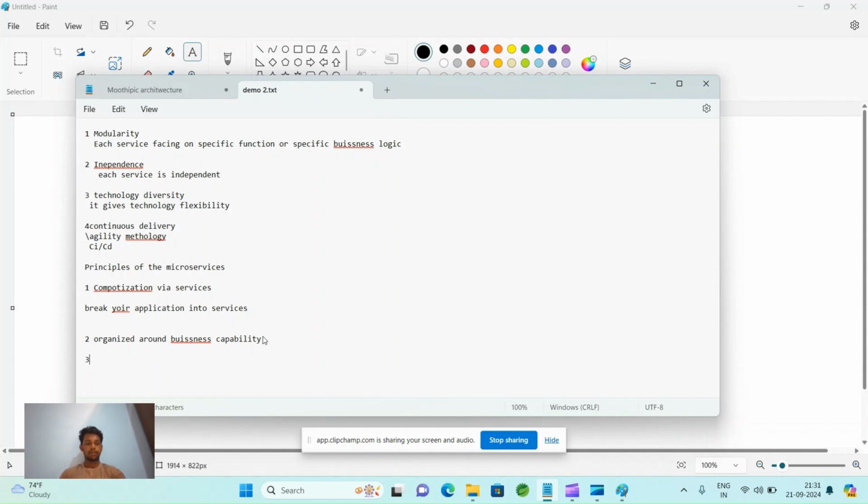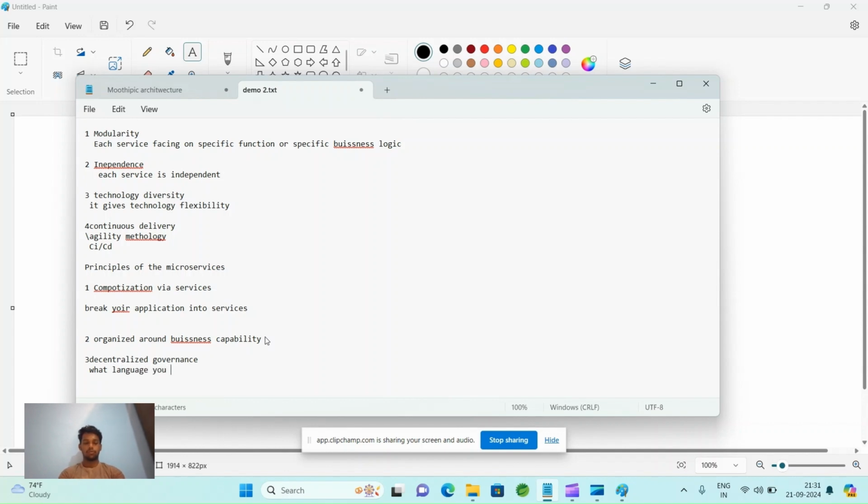Okay, third one is decentralized governance. It means there is no central authority deciding what to choose. You can choose whatever language you want in every separate service.